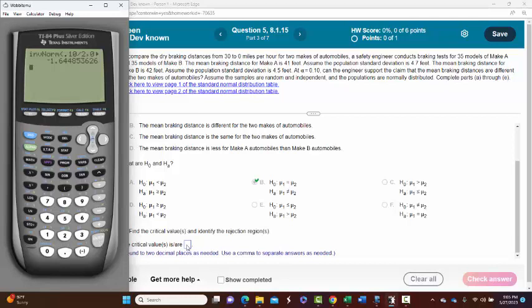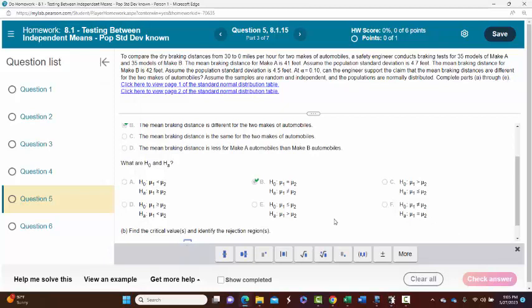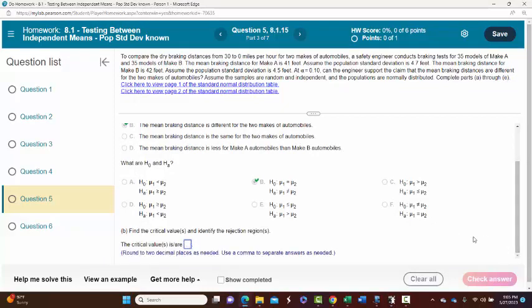So I'm going to go negative 1.64, comma, positive 1.64. Let's see how we're doing.